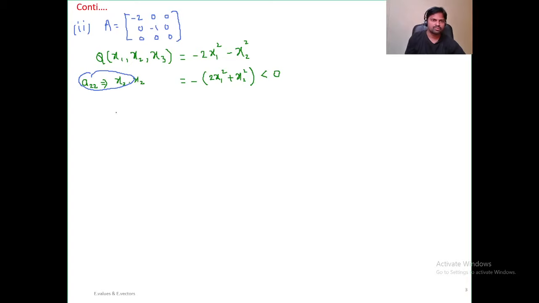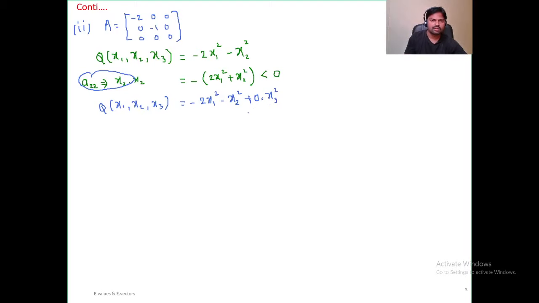So for that, this quadratic form you write like this: q of x1, x2, x3 is nothing but minus 2 times x1 square, minus x2 square, and the x3 variable is optional. So plus 0 into x3 square, because look, the a33 value is 0, 0 into x3 square.